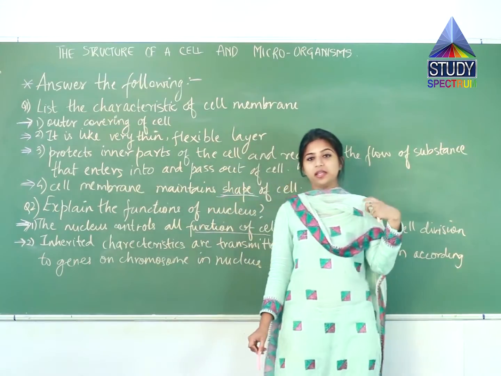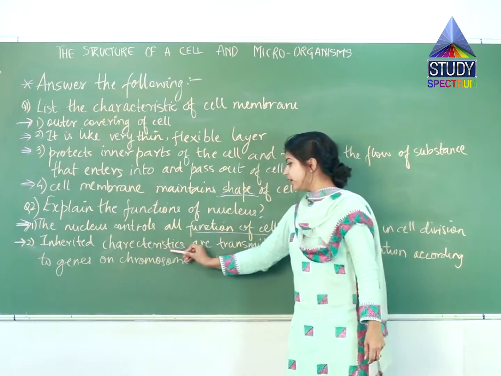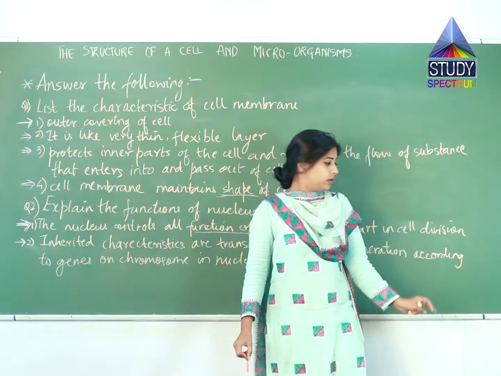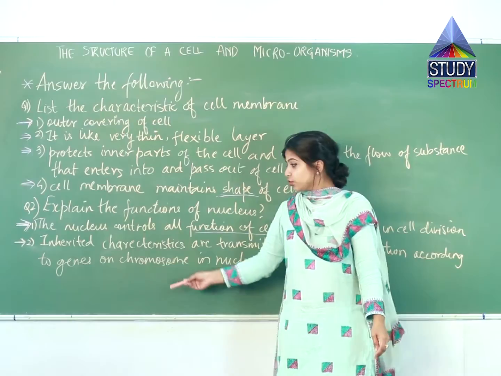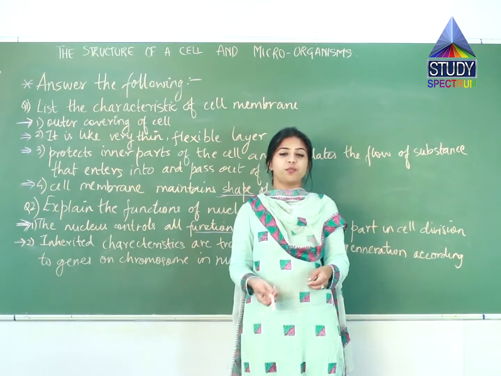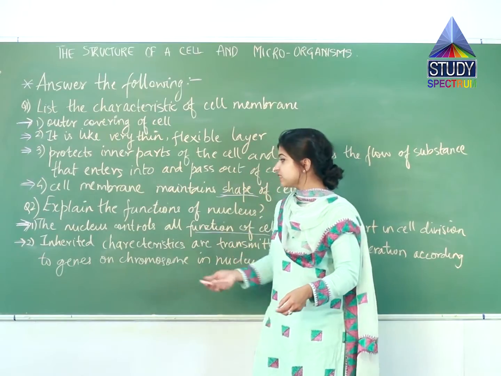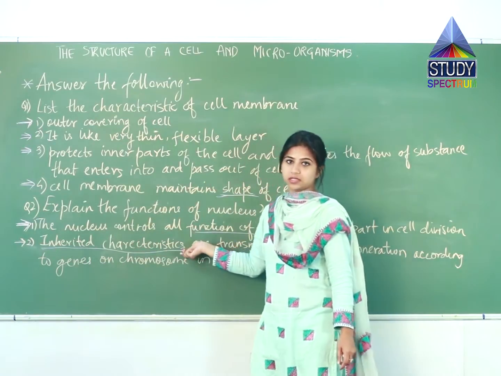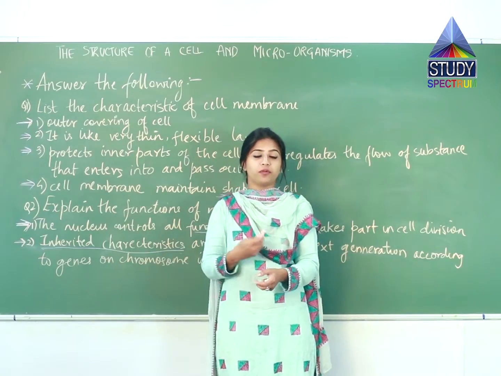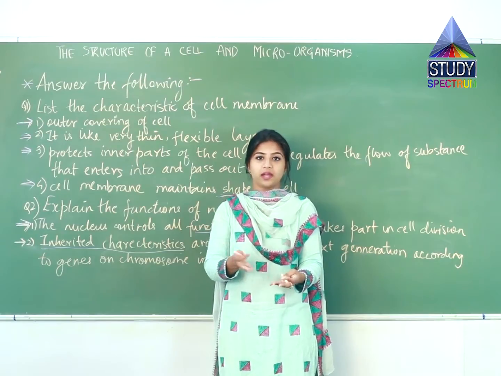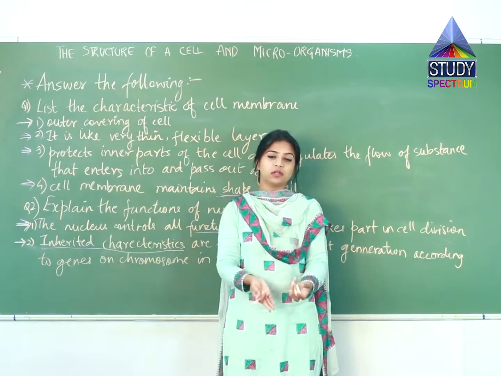The next one is that the inherited characteristics are transmitted to next generations according to the genes on the chromosomes, and these chromosomes are responsible for giving us characters, that is the inherent characteristics. That means the qualities that you have in you, like your color of skin, your hair color. I've explained this to you all earlier.